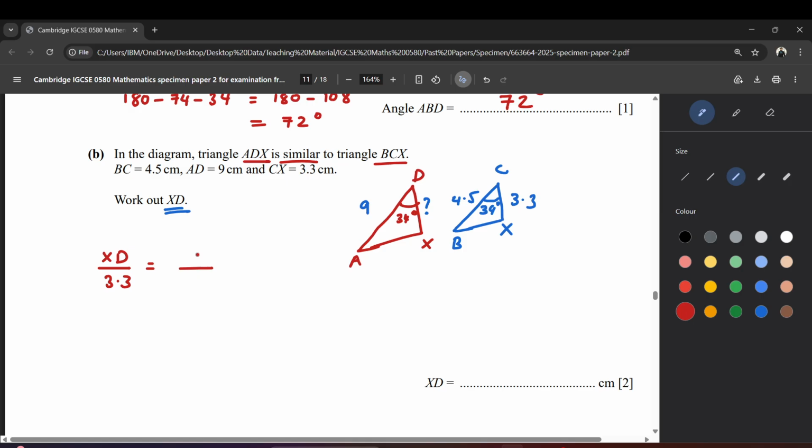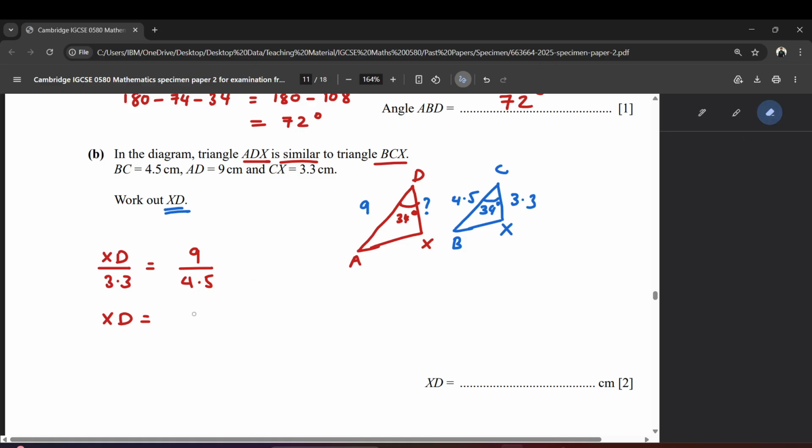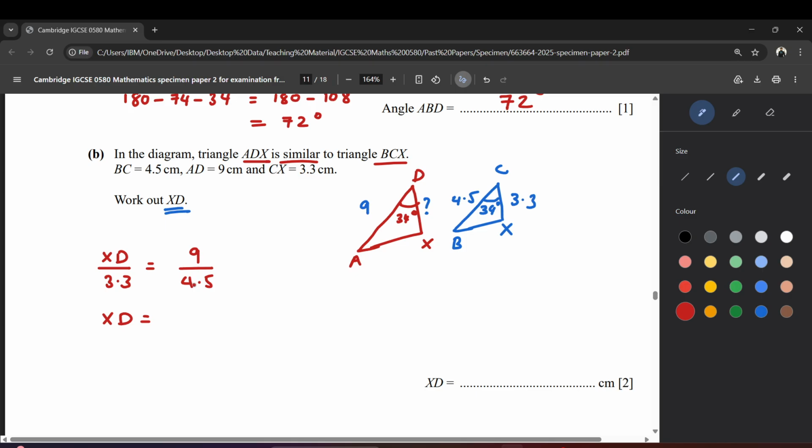The same should happen over here as well. Over here there should be 9 upon 4.5. So therefore XD is equal to 9 upon 4.5, that would be 2, because 4.5 is half of 9. So this is 2 multiplied by 3.3. That gives you 6.6 centimeters.